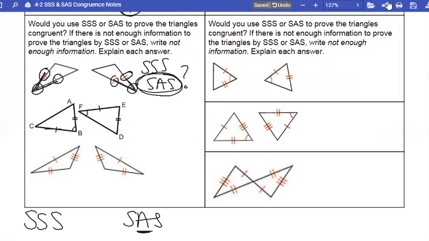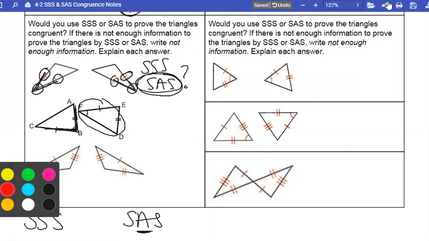So this first triangle, we have a side, an angle, and a side. That is included. What about this second one? Is our angle included? No, remember, if our angle is included, it would have to be right here. It would have to be in between our 2 sides, but our angle is not in between them. So this is nothing, just not enough info.